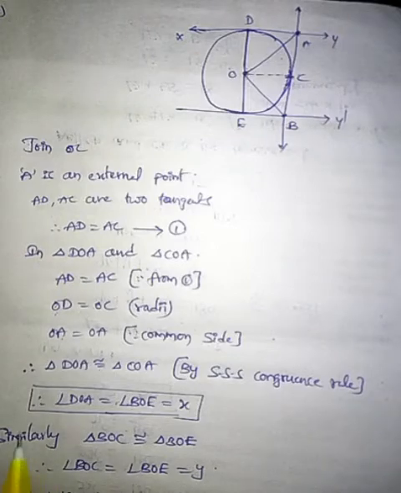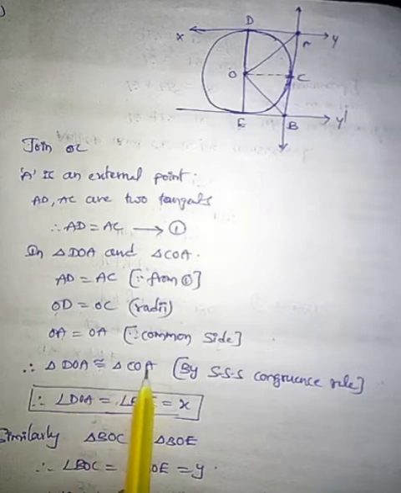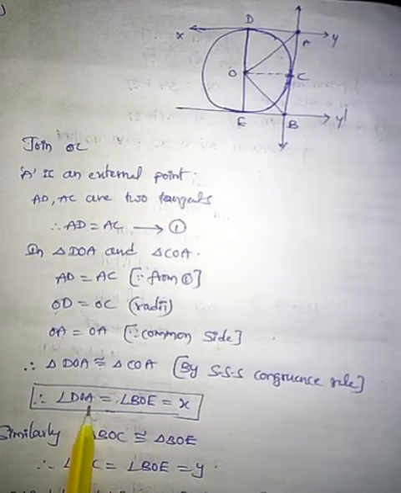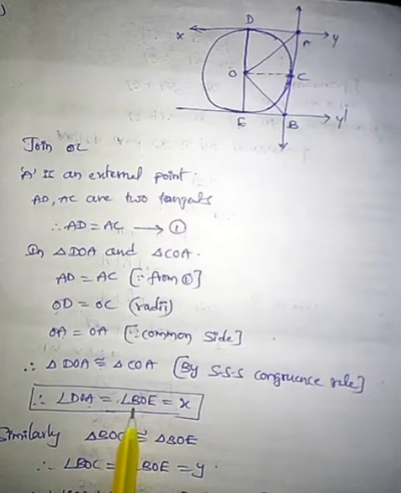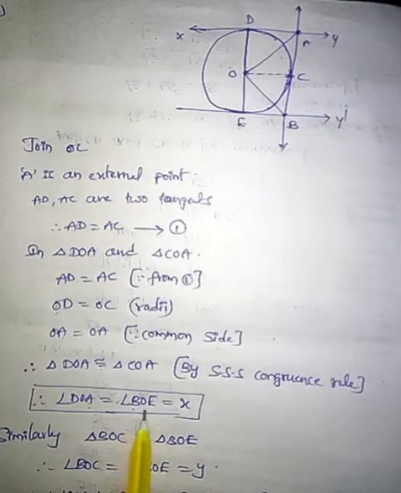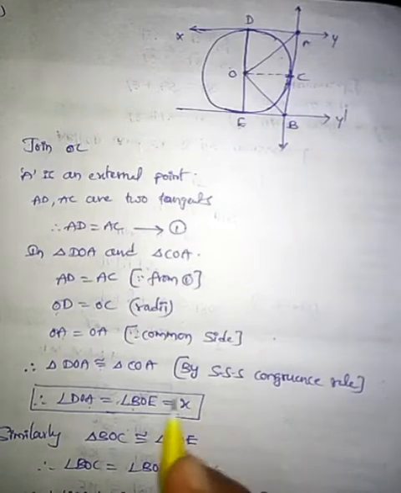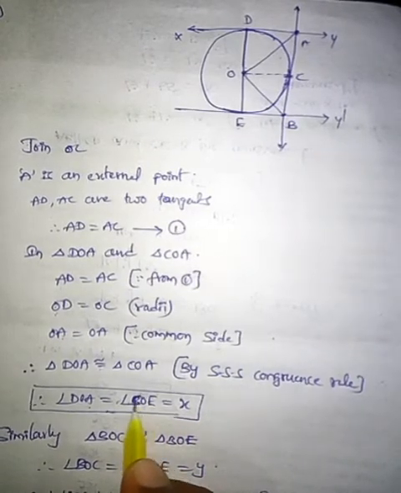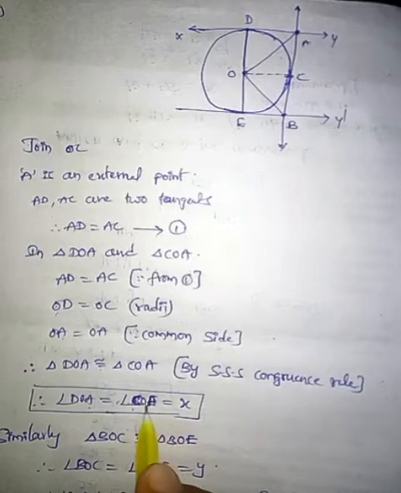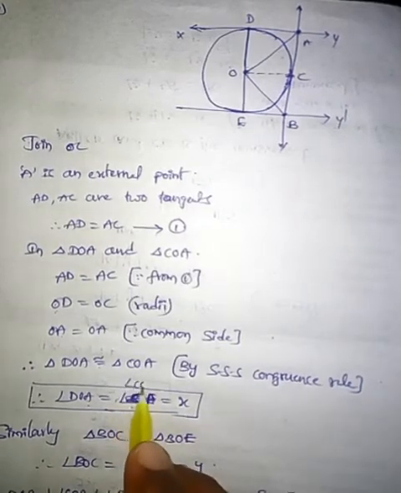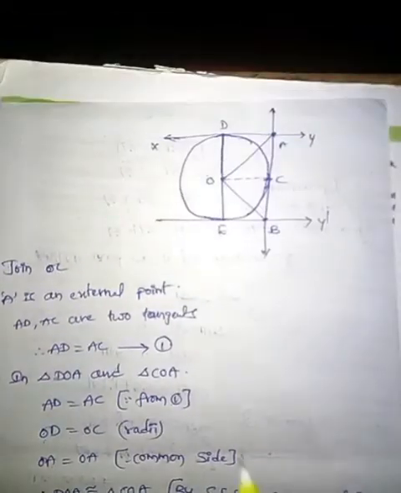In triangle DOA and triangle COA, angle DOA corresponds to angle COA. Let's observe the figure here.